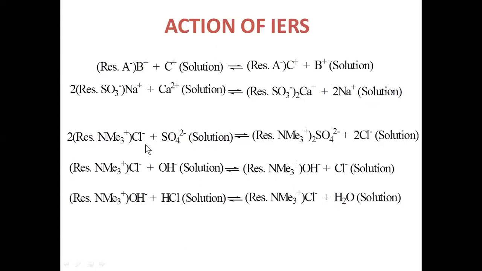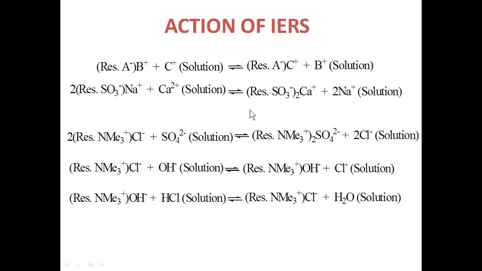If you consider an anion exchange resin in the chloride form and pass a sample solution containing sulfate, sulfate is an anion, so two chlorides are going to be eliminated by the exchange process, with sulfate ion in place of chloride ion. Similarly, OH minus ion in place of chloride ion, chloride ion in place of OH minus ion. If you pass hydrochloric acid solution through a column containing anion exchange resin, chloride will be replaced in place of hydroxide ion to get water as an effluent.